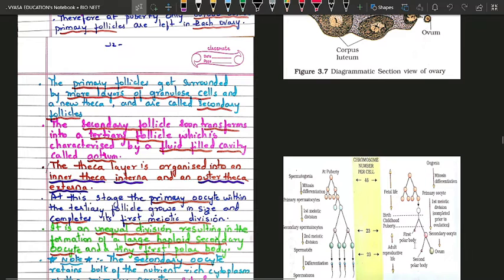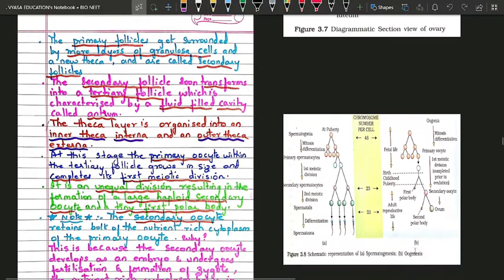Next, the secondary oocyte retains the bulk of the nutrient rich cytoplasm of the primary oocyte. Why? The secondary oocyte retains the bulk of the nutrient rich cytoplasm of the primary oocyte. Why does it retain it?